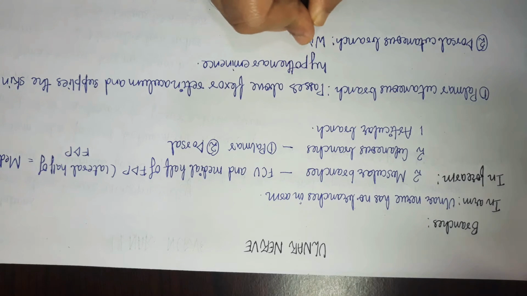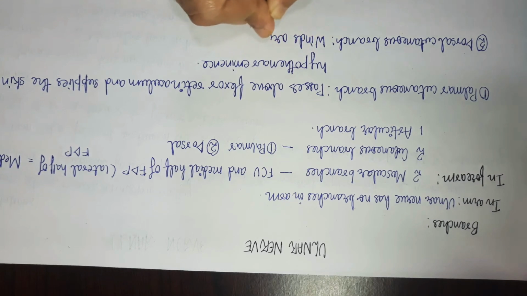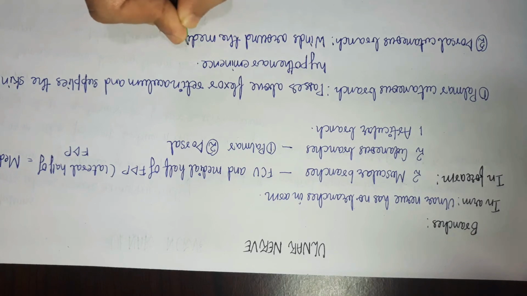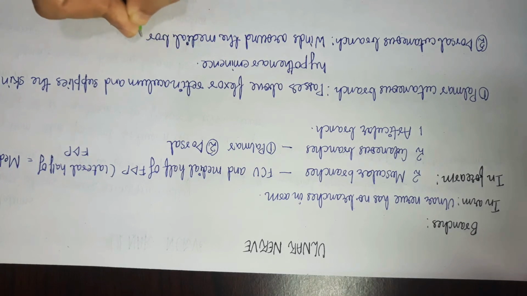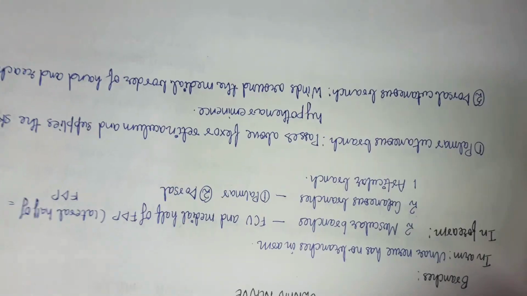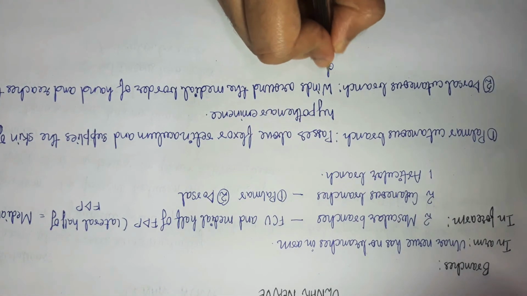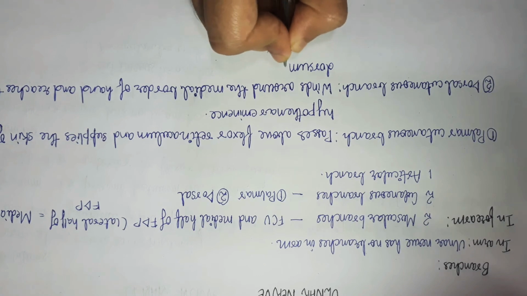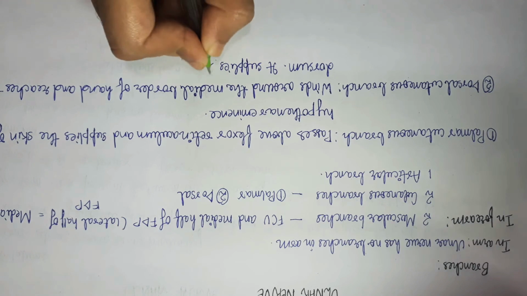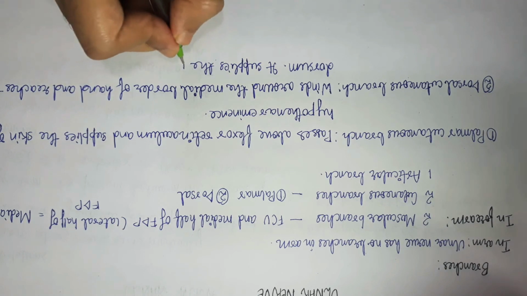It winds around the medial border of the hand and reaches the dorsum, and it supplies the medial half of the skin of the dorsum of the hand.